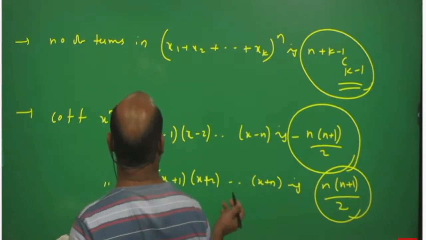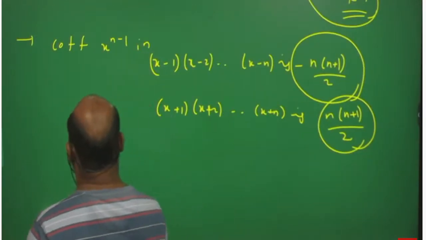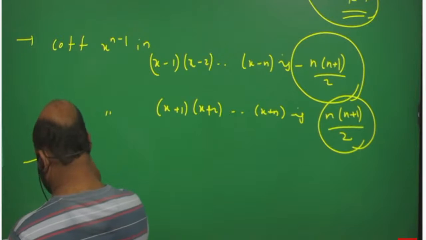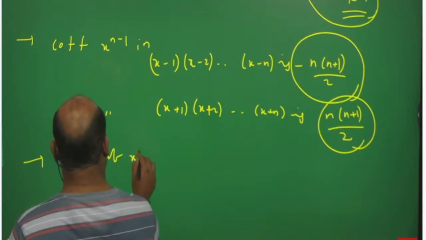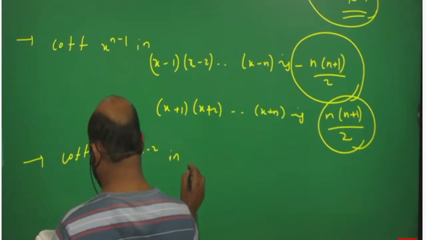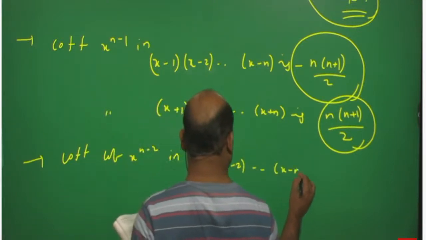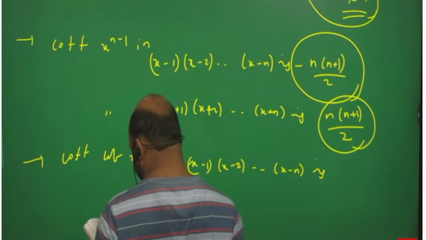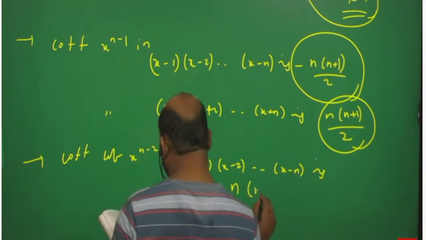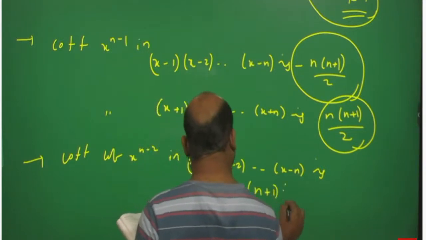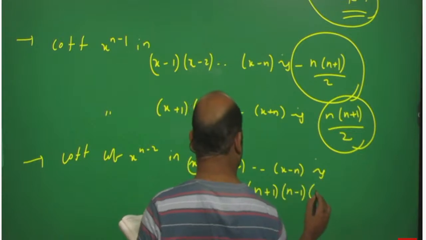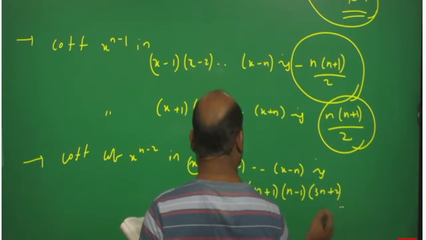Rarely they will ask this, but they will ask this thing frequently because it's a tough question. Coefficient of x power n minus 2 in the same product is nothing but, remember this formula, n into (n plus 1) into (n minus 1) into (3n plus 2) by 24.